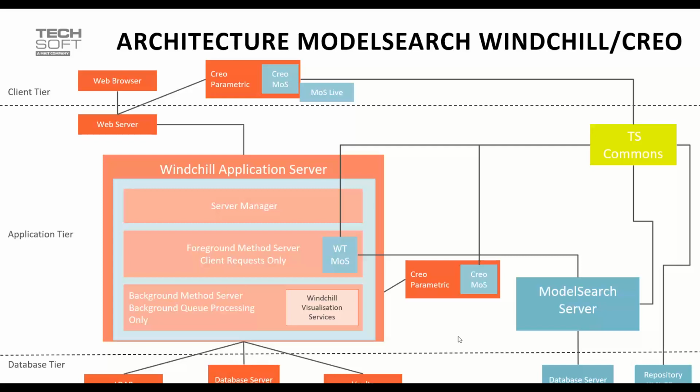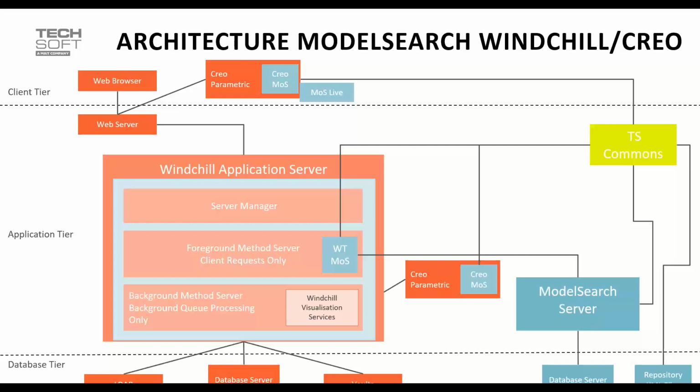I have also loaded up, in the area where you find documents, three documents. One is called ModelSearch for Creo Parametric and Windchill support matrix, because that answers the next question from one of our attendees: what are the prerequisites from a software perspective?